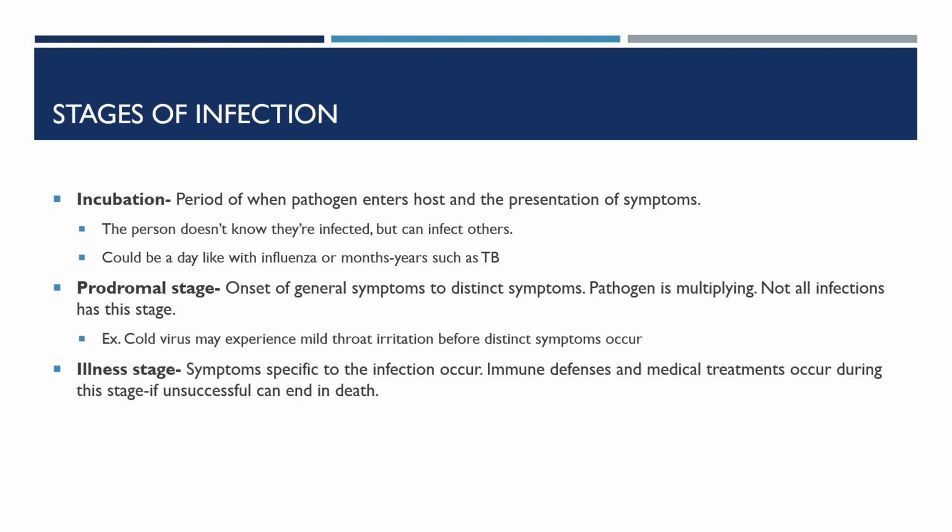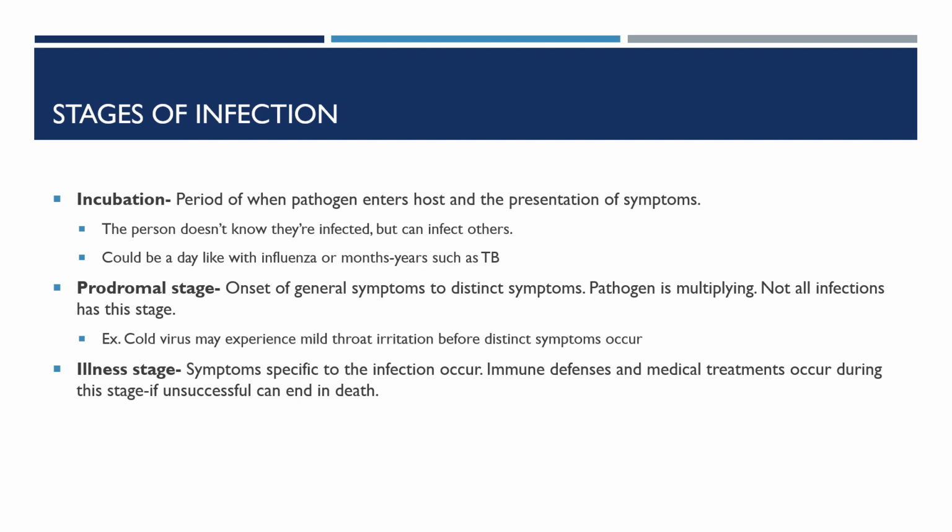The illness stage. This is when the patient becomes ill, when the first signs and symptoms of the disease occur. So the patient's immune defenses and medical treatments, if any, are ineffective. Now, if they are unsuccessful, patients can die in this stage.